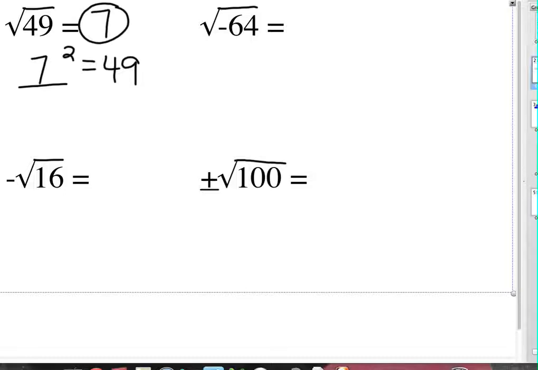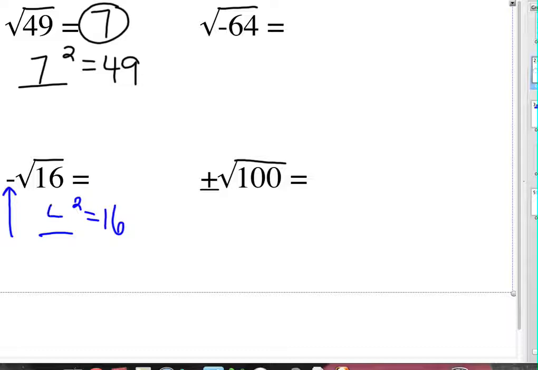Let's drop down to the next one. Negative the square root of 16. So I'm down here now, and I see that the negative symbol is outside to the left. That means we're going to stick a negative on our answer. So ask yourself, what number to the second power equals 16?